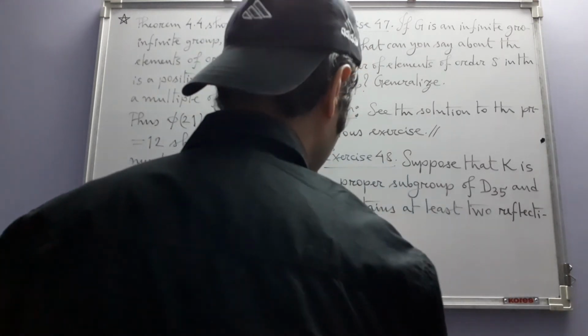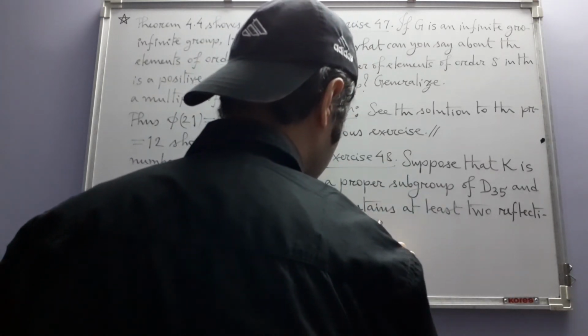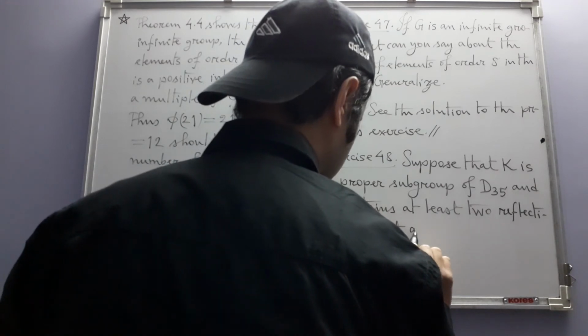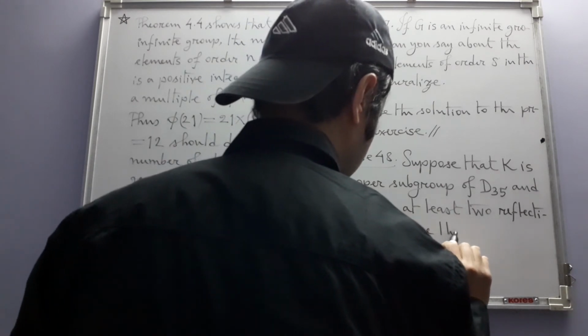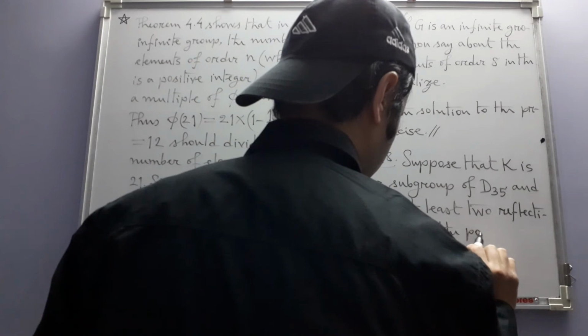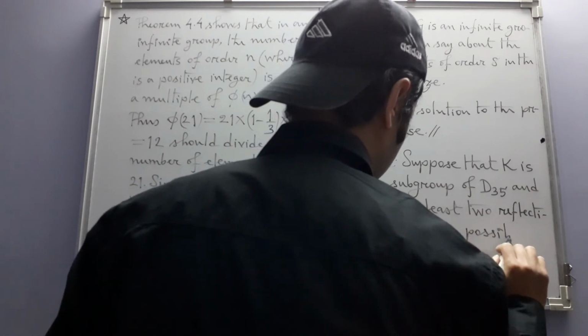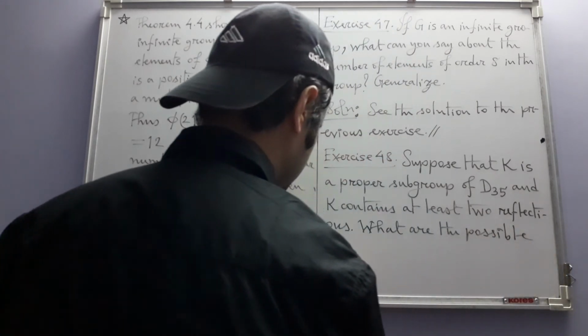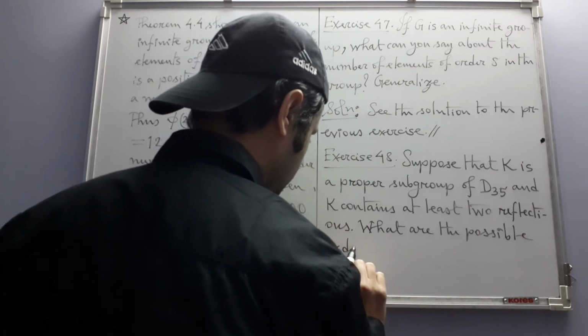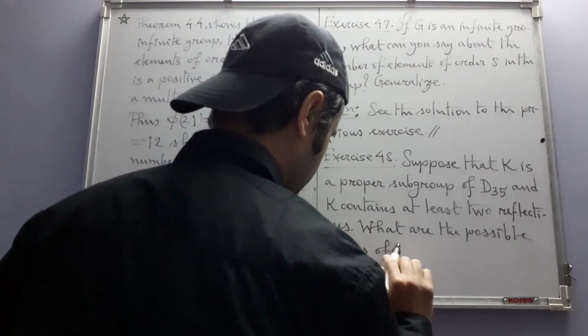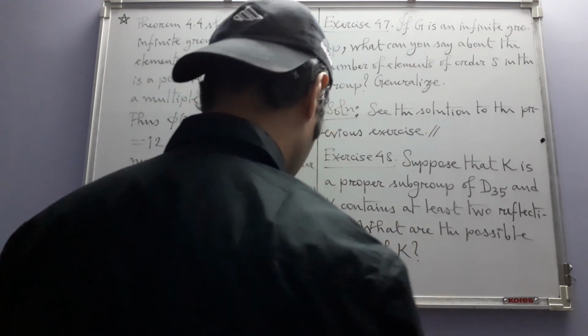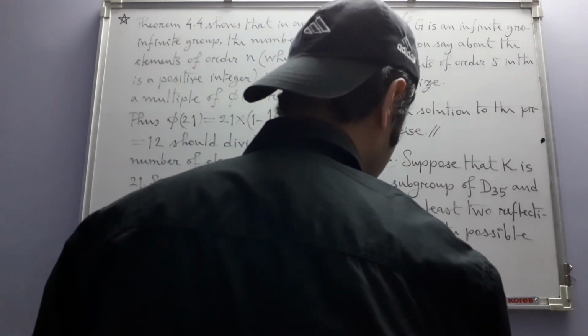What are the possible orders of K? Explain your reasoning.